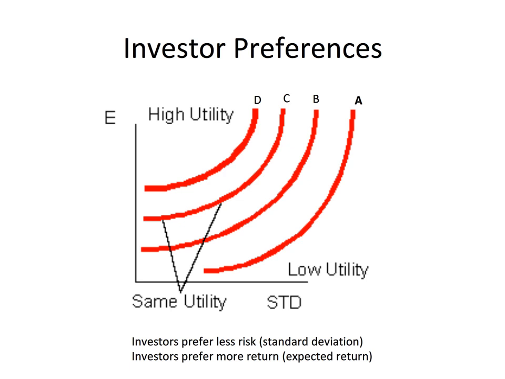Again, what we're going to assume here is that people prefer more return, and let me just illustrate that with this green line that is now showing up on this axis.